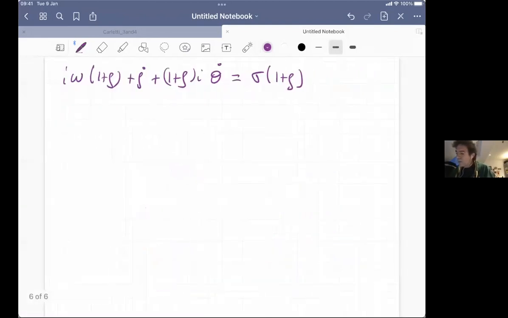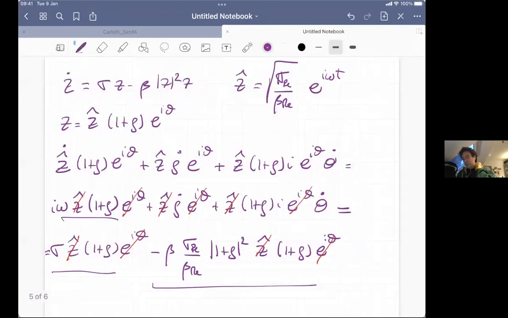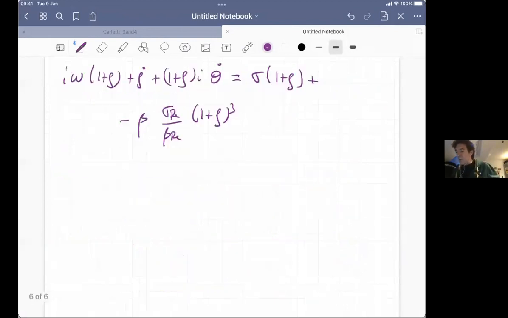In the second term it is minus beta times the real part of sigma over the real part of beta, then I have (1 plus rho) cubed. Let me observe that because rho is small, I can assume that 1 plus rho is close to 1, so it's positive, and so I can combine the term with the modulus with the one without the modulus and write (1 plus rho) cubed. Okay, so now let me do one more step.